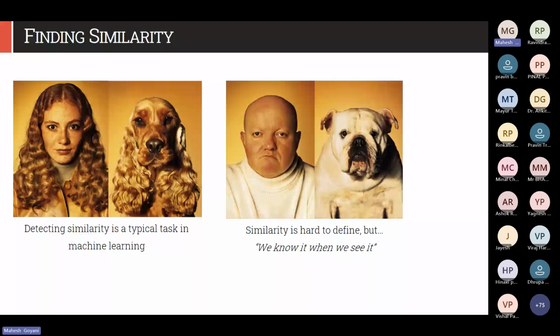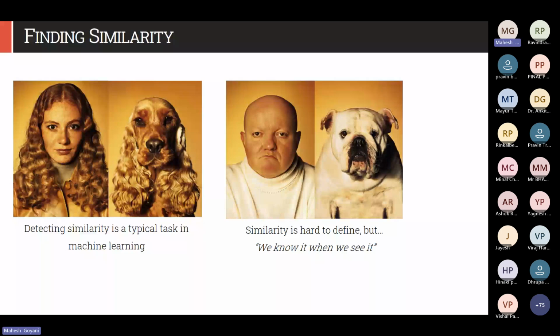But when we look at the image, we can observe the similarity visually. But how do we handle or identify it mathematically? Similarity is very hard to define, but we know that it is there. You look at these images and you can easily say that there is some correlation between these images. But how do we find that correlation or those similarities?